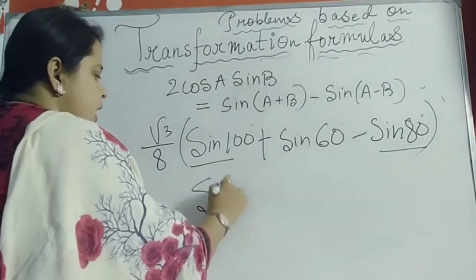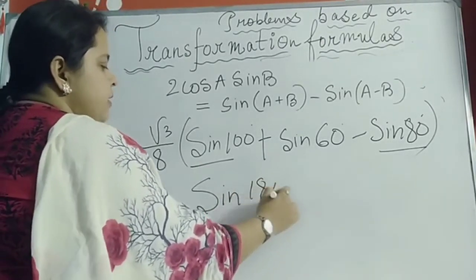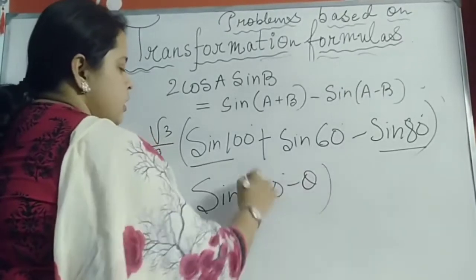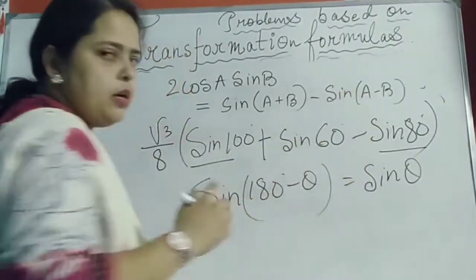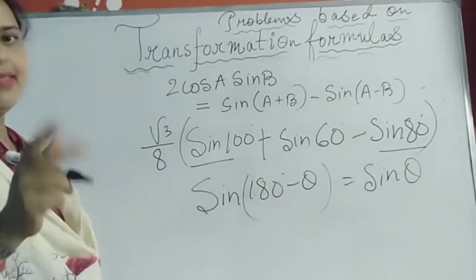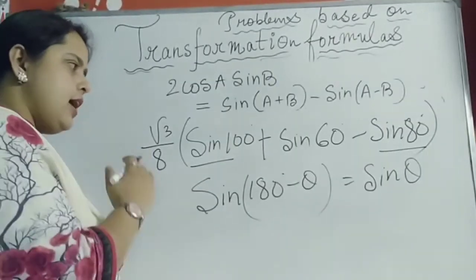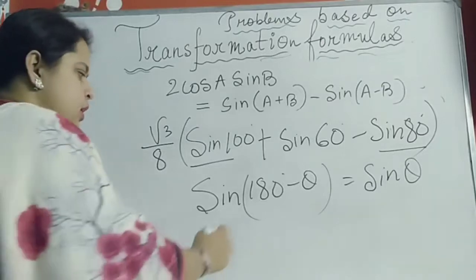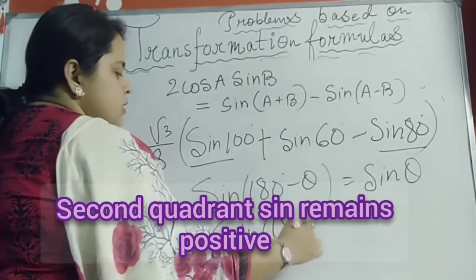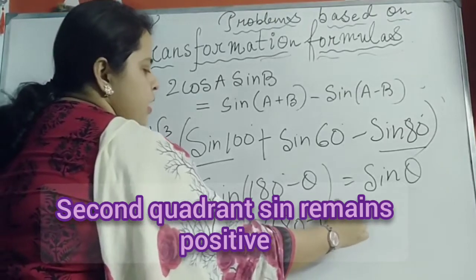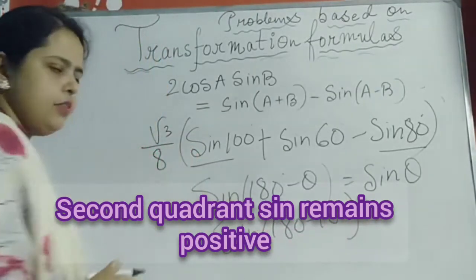Look, sine 180 minus theta is how much? Yes, the answer is sine theta, because in the second quadrant, sine is positive and sine remains sine only. Don't you think so? I can substitute here sine 180 minus 100. See what I have written.